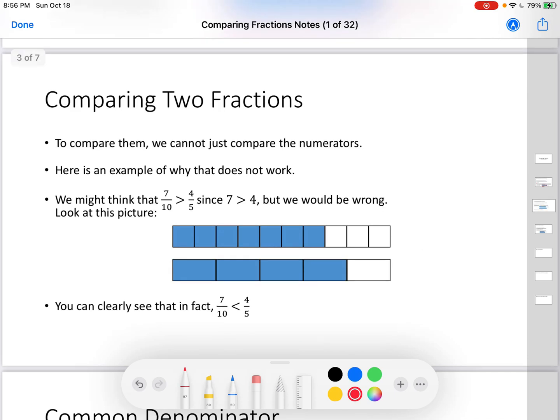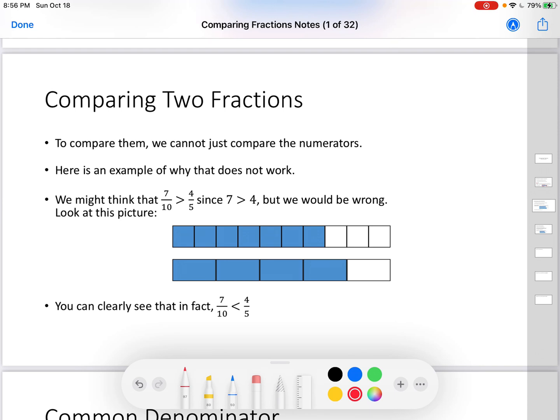Easy. So now we want to compare two fractions. Remember, we cannot just compare the numerators. Here's an example of why that doesn't work. We might think that 7/10 is greater than 4/5, since 7 is more than 4, but we would be wrong. Take a look at this picture.